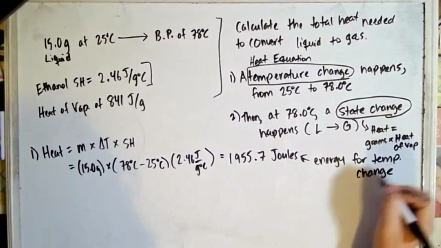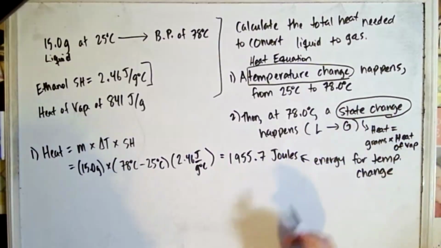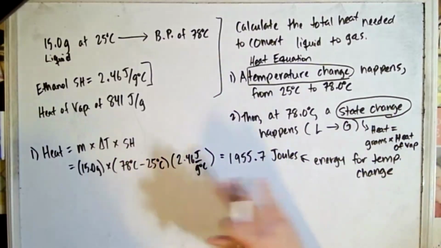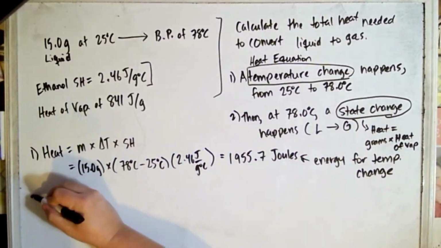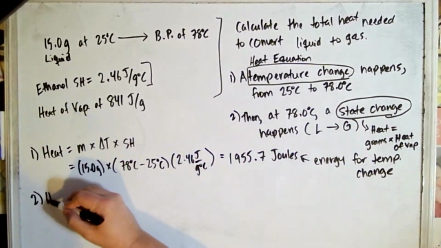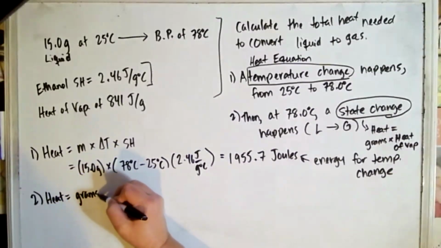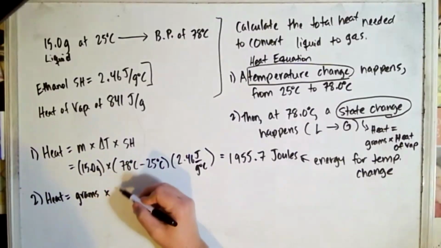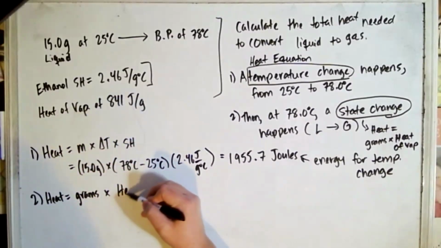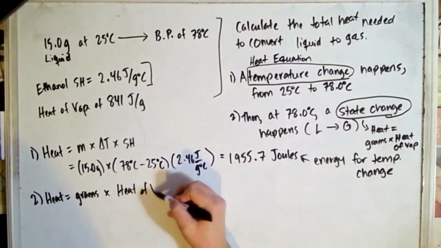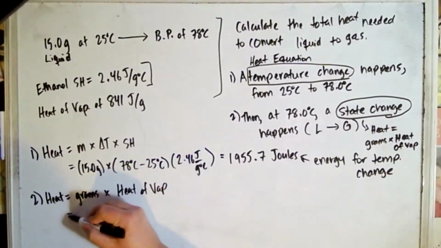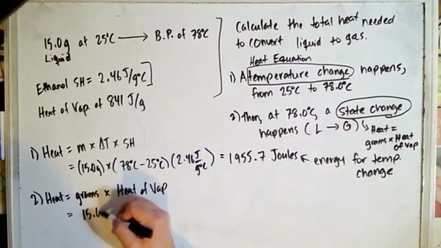And now we need to know how much energy it costs for us to do the state change from liquid to gas. So to do that, we're going to take our grams of ethanol times the heat of vaporization of ethanol. So that's going to be our 15 grams again.